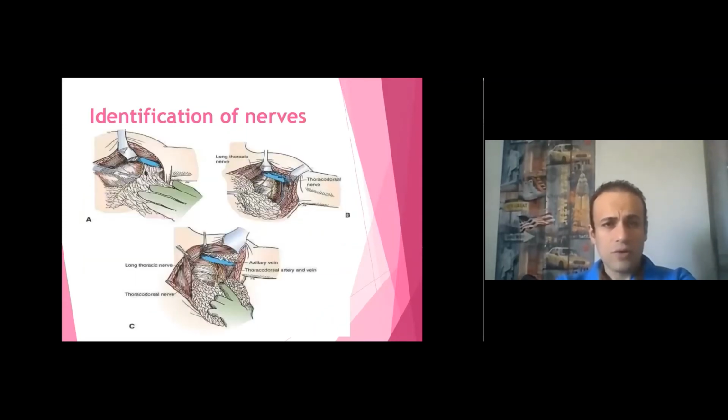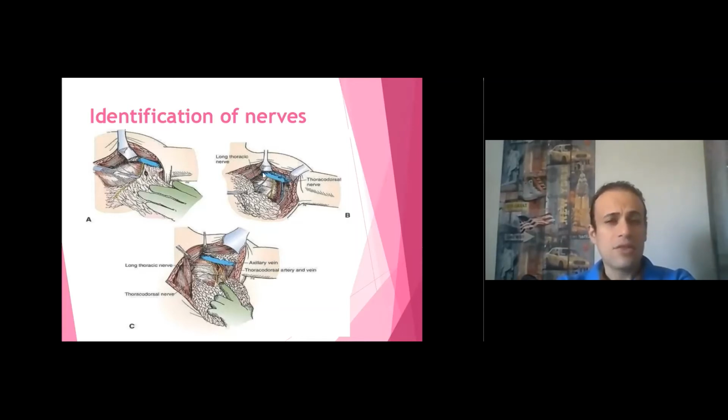We should, of course, also identify two important nerves. We find the axillary vein. Underneath the axillary vein, two nerves go through. One goes laterally underneath the latissimus dorsi, called the thoracodorsal nerve, and one goes medially, and it is the long thoracic nerve.